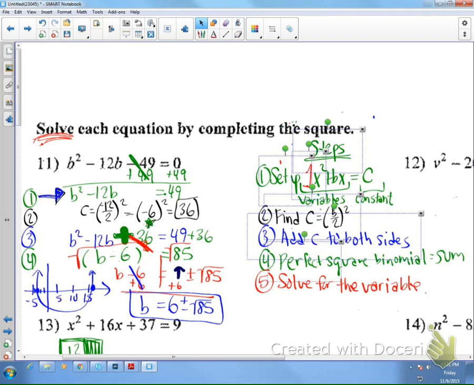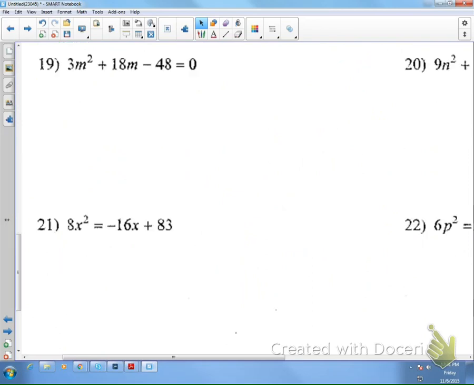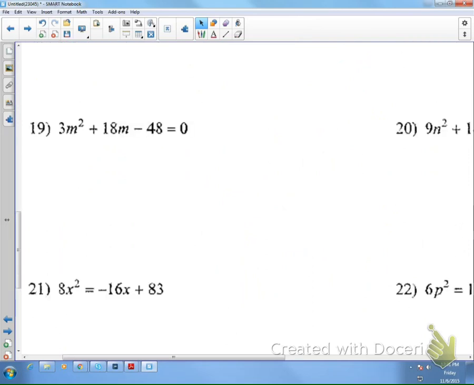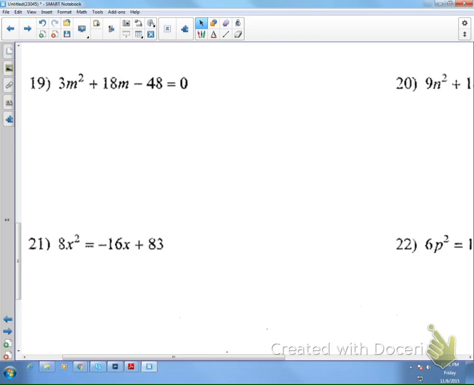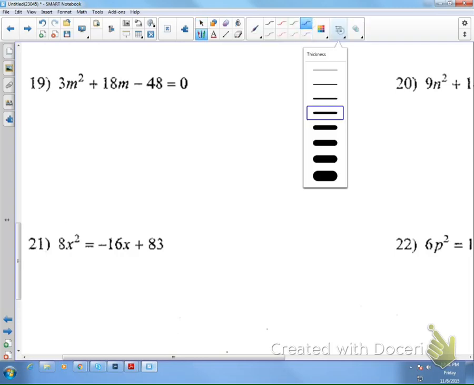Whoa, back off that stuff. I'm trying to just copy them. Come down here and paste them. Okay, I'll have to write them again. I'll just write them really quickly as we go.